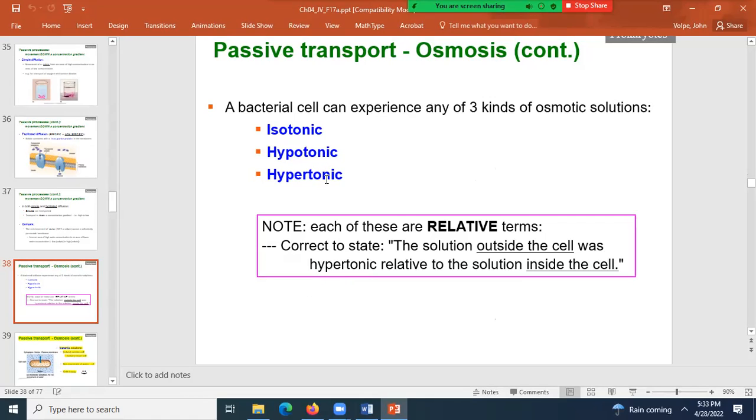Realize these terms are relative terms, so it's correct to state the solution outside the cell was hypertonic relative to the solution inside the cell. And with a cell, it's pretty easy to realize we're talking about what's outside and inside the cell. And the tonicity is used in this case to discuss the solution outside the cell.